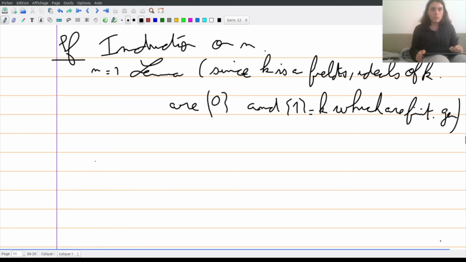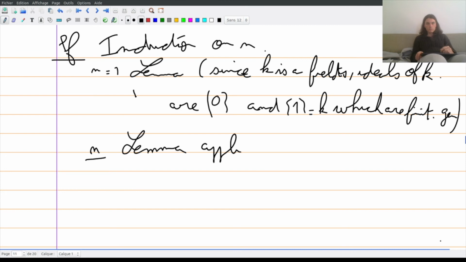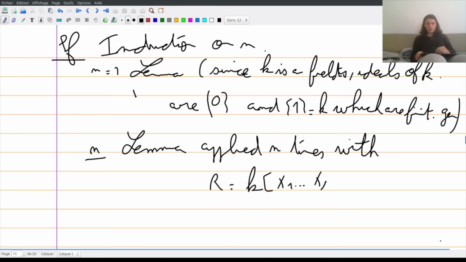More generally, it's just the lemma applied n times with successively R equal K[x1, ..., xk], k going from 1 to n.